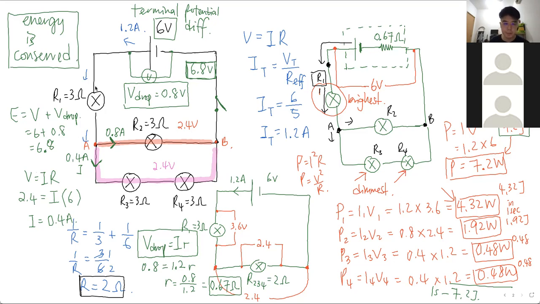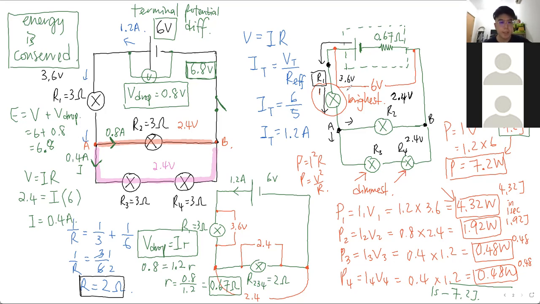It's 3.6, right? Just now we calculated that the potential difference of R1 is 3.6, and the potential difference of V2, V3, V4 is 2.4, right? This is 2.4, the other branch is also 2.4, and this one is 3.6. So the first bulb not only has a larger current, its voltage is also larger, so you can know it is the brightest. Yes. Okay. So yeah, remember that one.